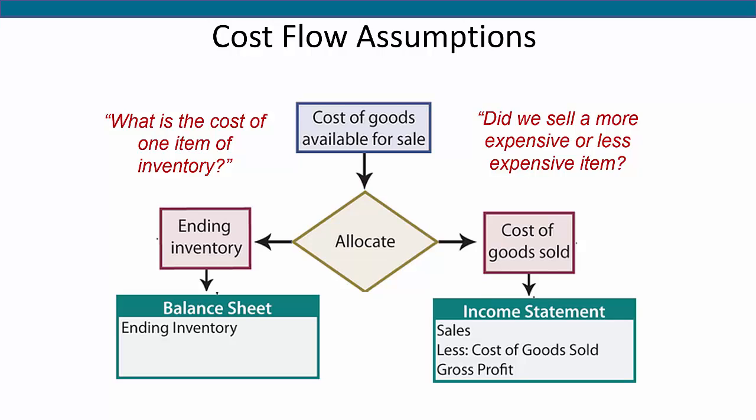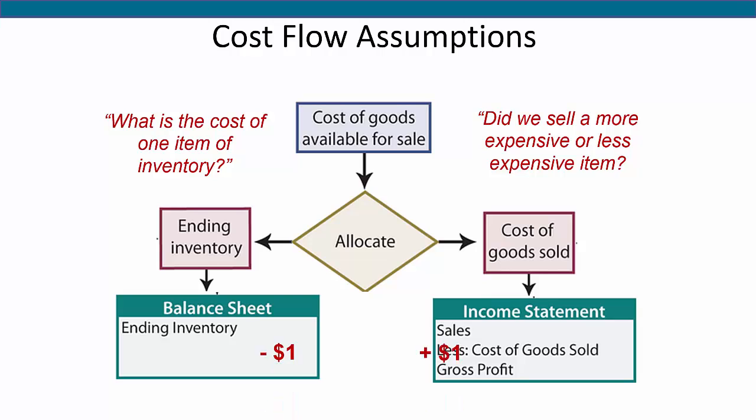To address this issue, companies use cost flow assumptions to allocate the cost of goods available for sale to the income statement as cost of goods sold and to the balance sheet as ending inventory, okay?